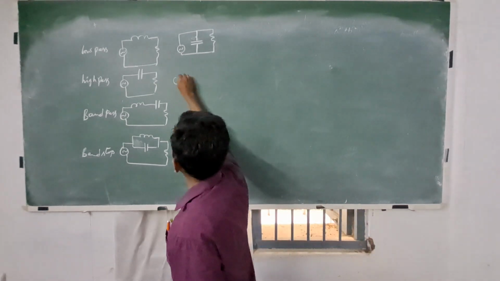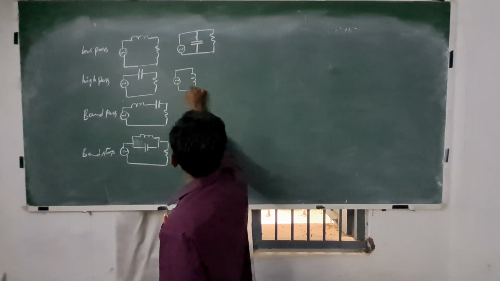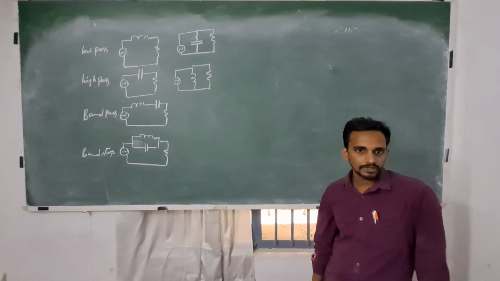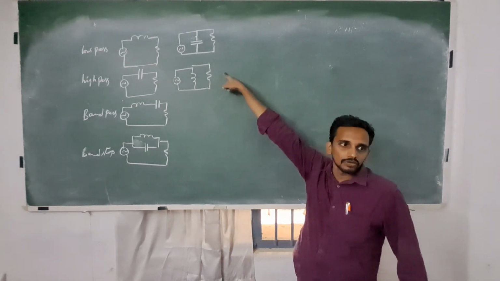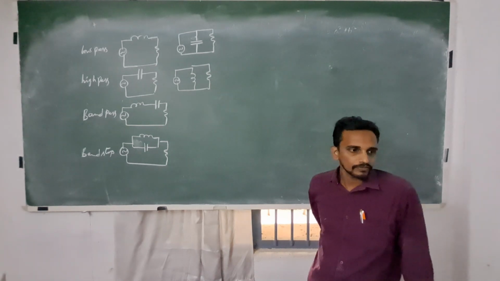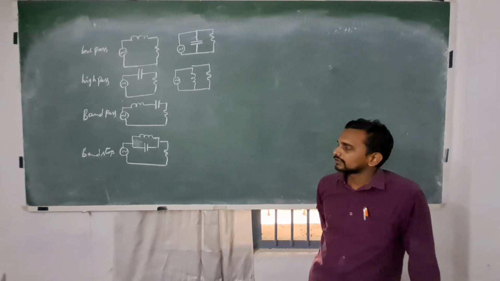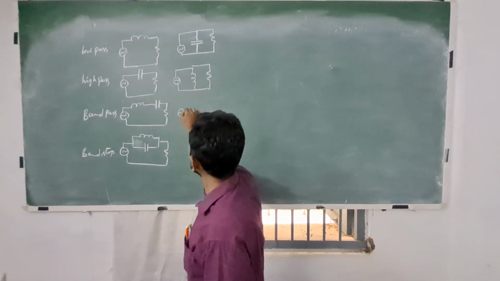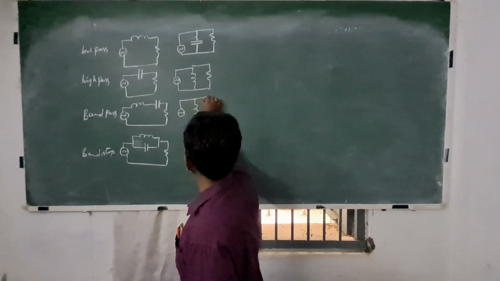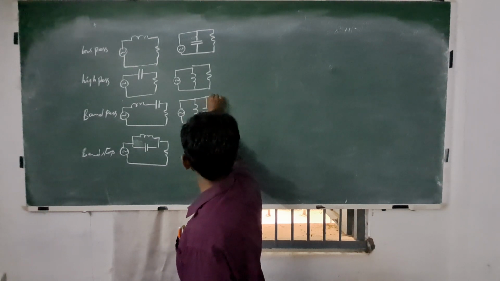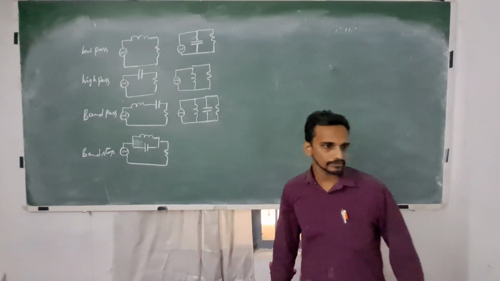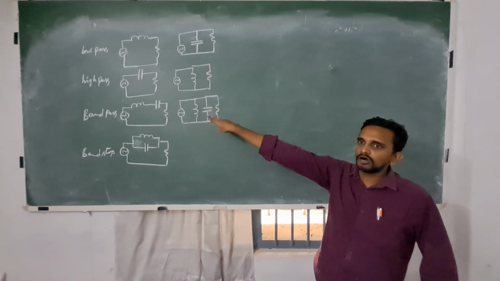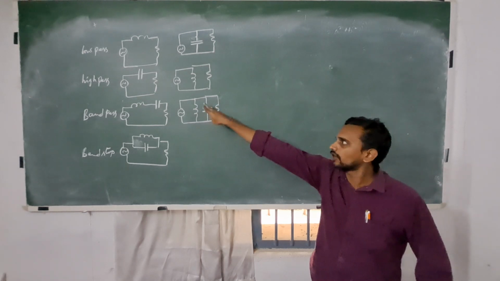Similarly, I can use an inductor to develop a high pass filter. All low frequencies will be grounded, only high frequencies will reach the resistor. In the same way, a band pass filter can be generated by using a parallel combination of L and C. This parallel combination blocks a particular band of frequencies, and all other frequencies will be grounded.